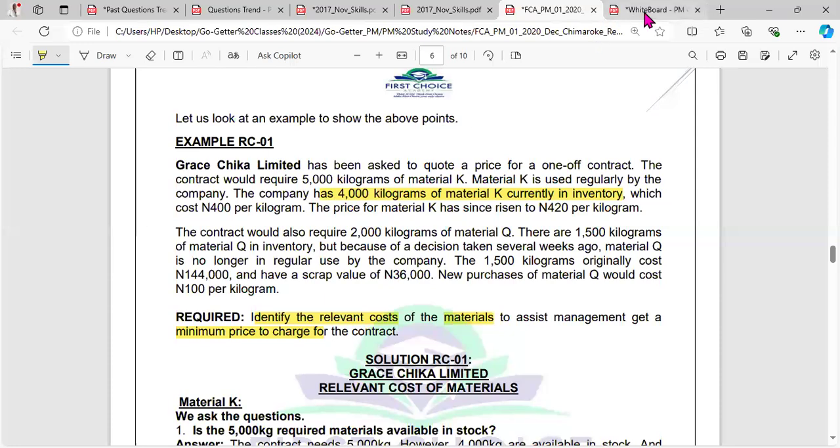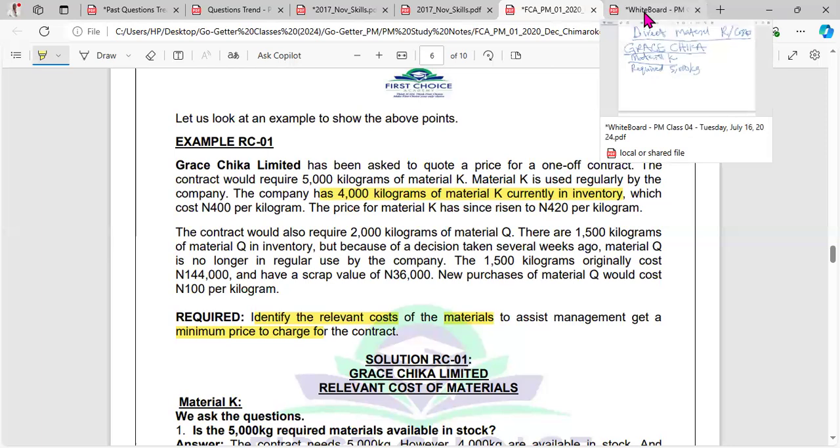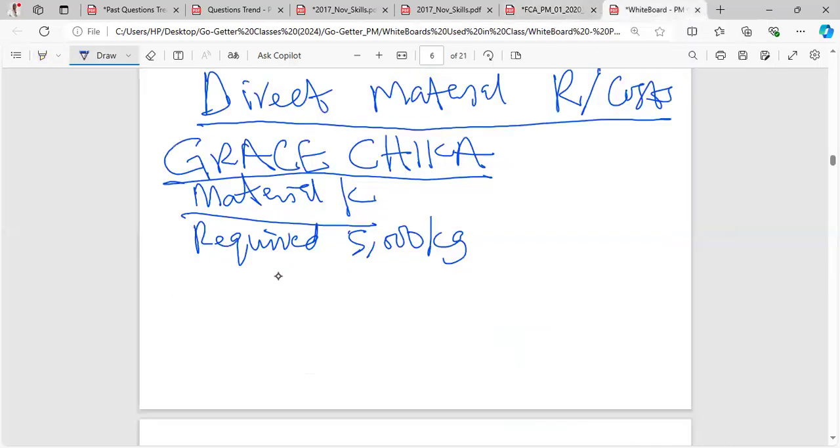So it means that a purchase of 1,000 will be needed. So we have relevant costs to be 1,000 multiplied by how much cost?